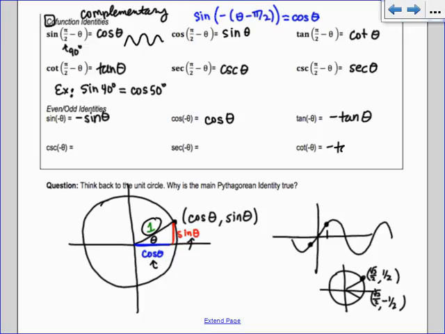Cotangent is odd, because it's the same as tangent. It's just a reciprocal. Secant is even like cosine. So the reciprocals are either even or odd, just like the original one was. Okay, and then this is negative cosecant.